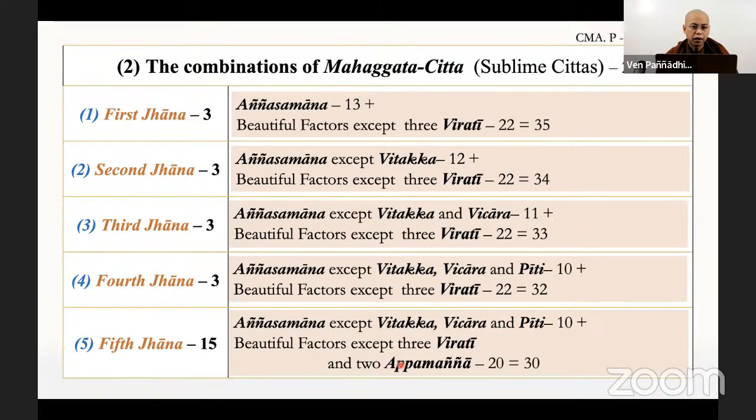That is why these meditations can give rise only up to the 4th jhana. They cannot give rise to the 5th jhana, because in the 5th jhana they cannot get the support of Somanasa feeling, happiness.